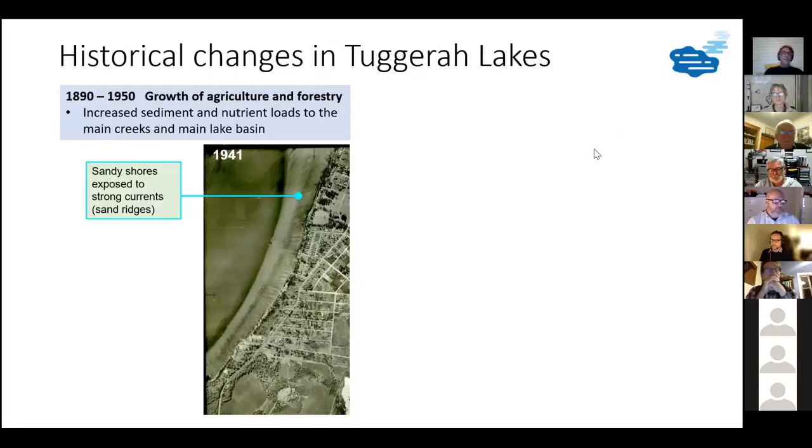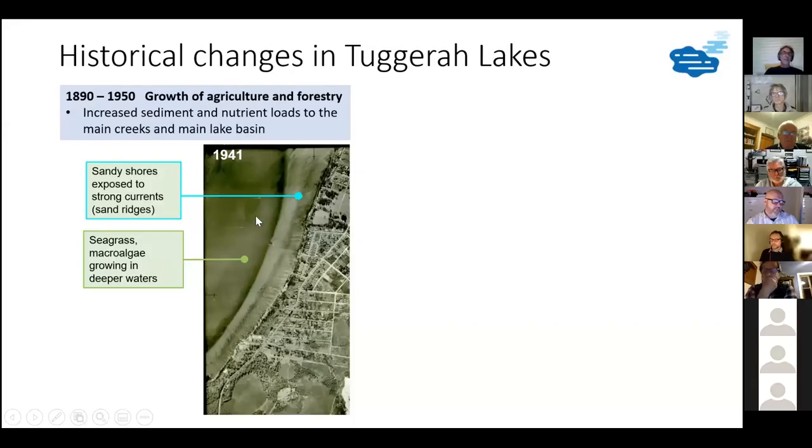You can see that the shallows of the Long Jetty shoreline were dominated by clean sands and exposed to strong tidal or wind currents, and that's evidenced by these sand ridges. This is all under the water, so the water's very clear, and you can see that the Long Jetty shoreline near shore is dominated by sand. The seagrass and macroalgae dominated the shallow lake basins.